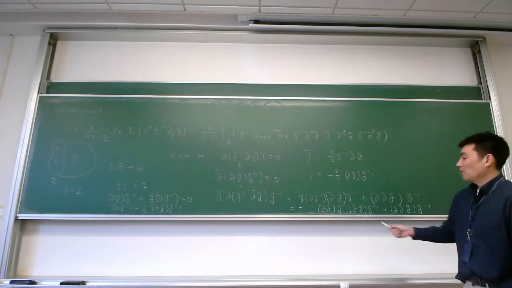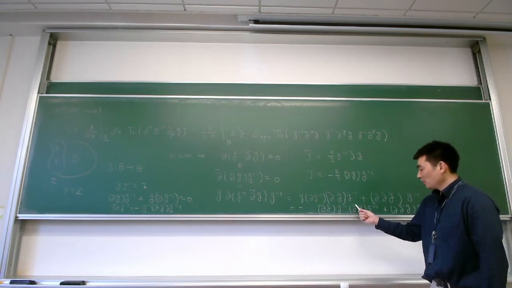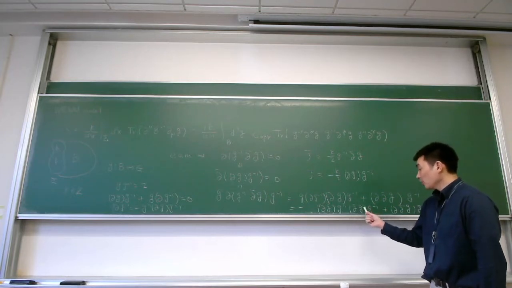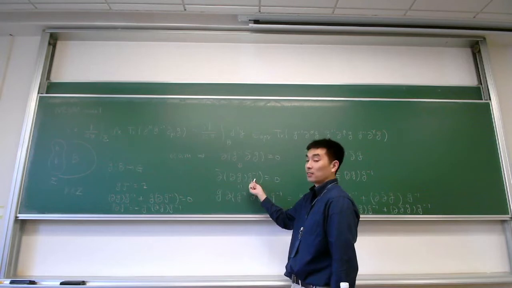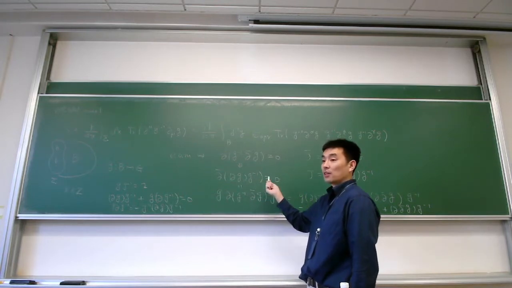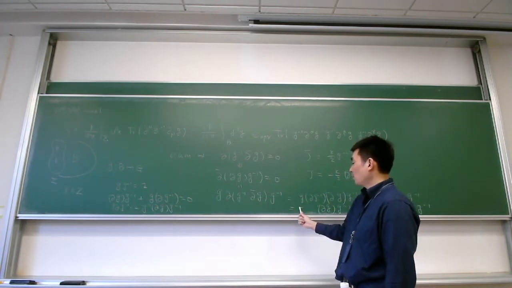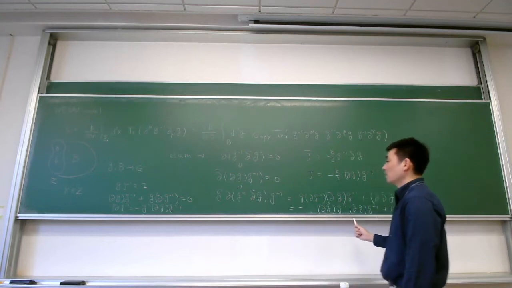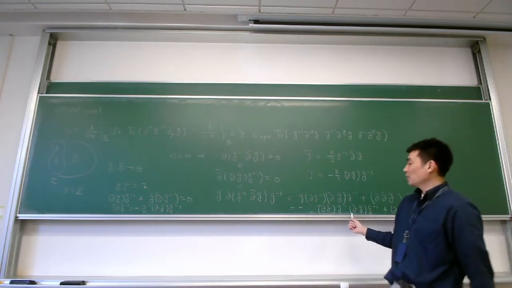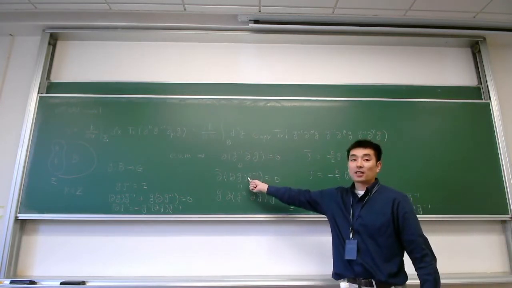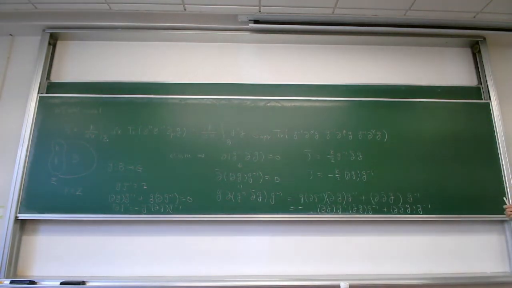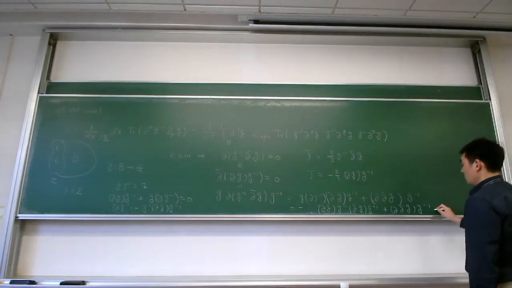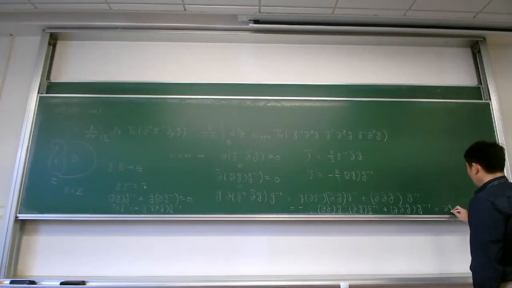And then ∂̄G inverse acts on this one, with a minus sign. So therefore you can see explicitly this is equal to this guy. Do you understand?